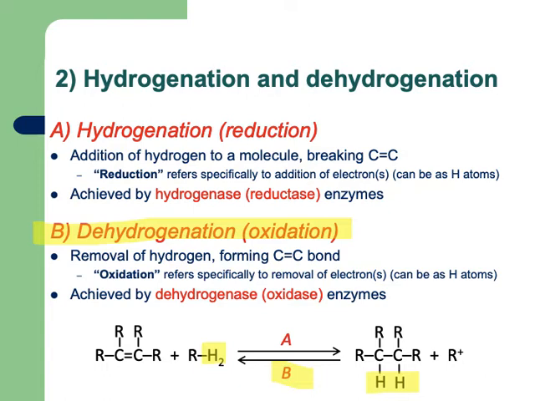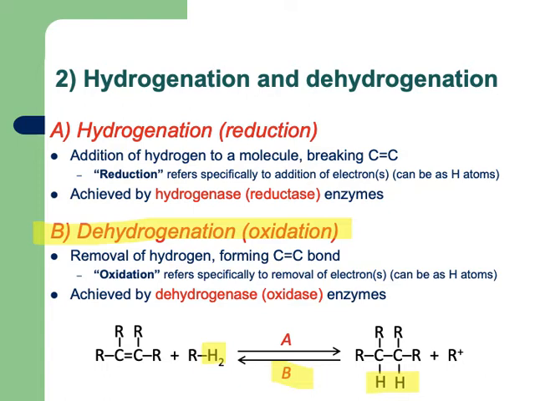If we move this reaction to the left with a dehydrogenase enzyme, we remove the two hydrogens, they bond to the R reactant, and now we have our new molecule that is two carbons, but it has a double bond. So we've removed the hydrogens from the carbon molecule, and we've added those to the R molecule. So it's a dehydrogenation reaction. We've removed hydrogens from the main molecule of the reaction.